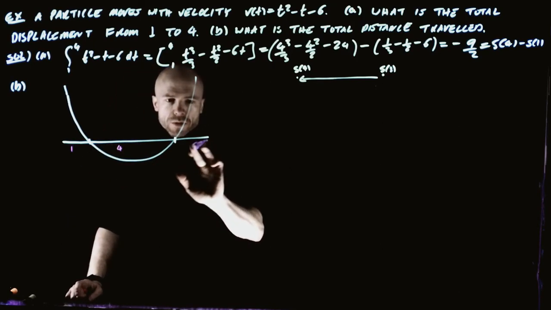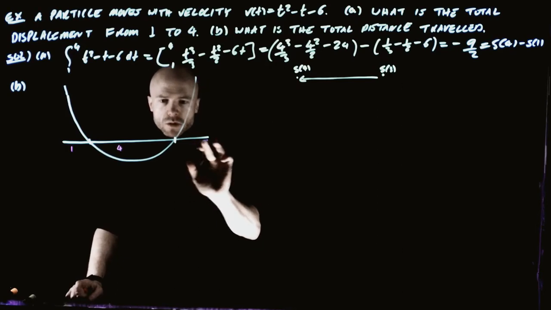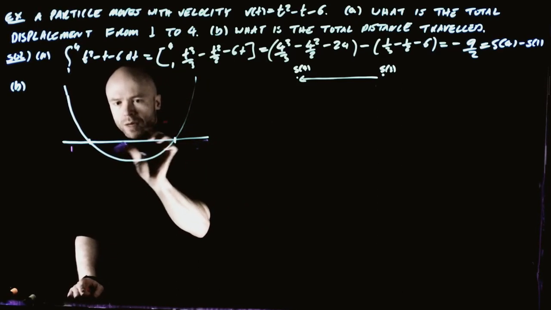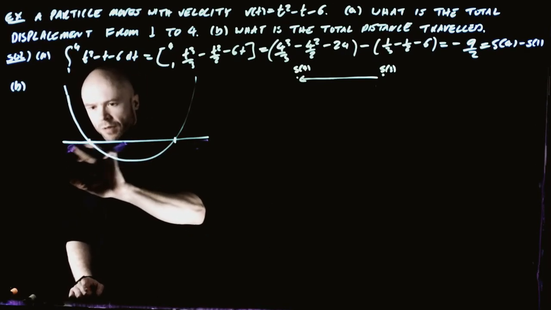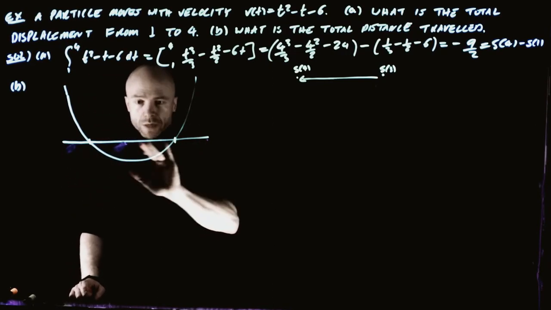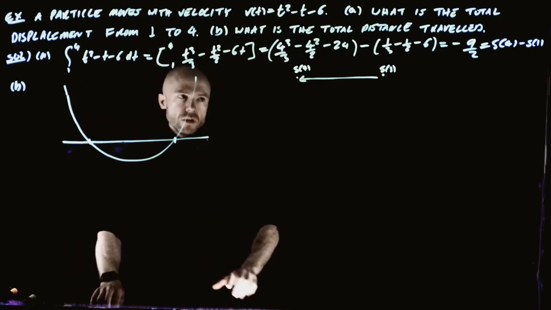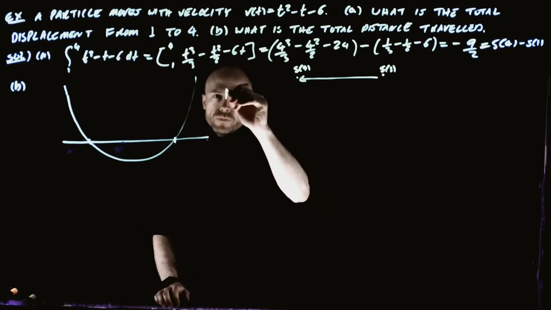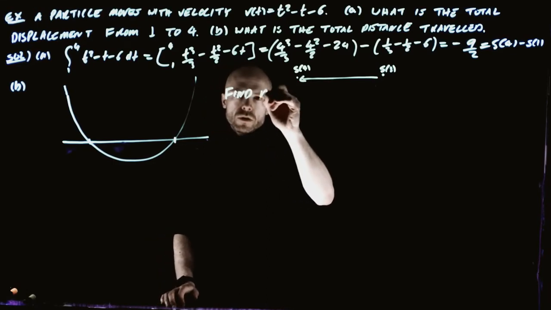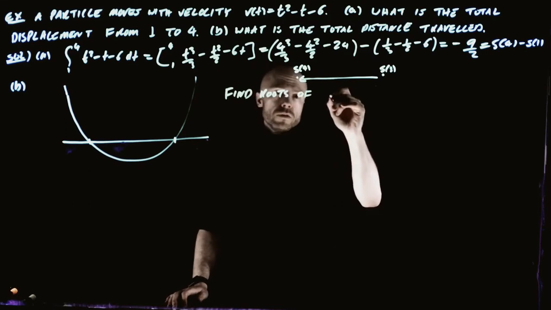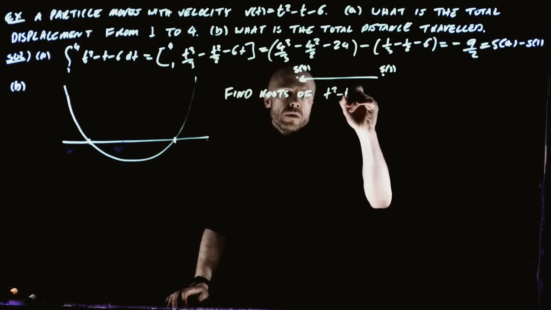So to find out what our journey is like with this velocity, we need to know when it actually goes from positive to negative and then back again. But it's just a quadratic, so we can solve it, right? So we find the roots of the quadratic of t squared minus t minus 6.